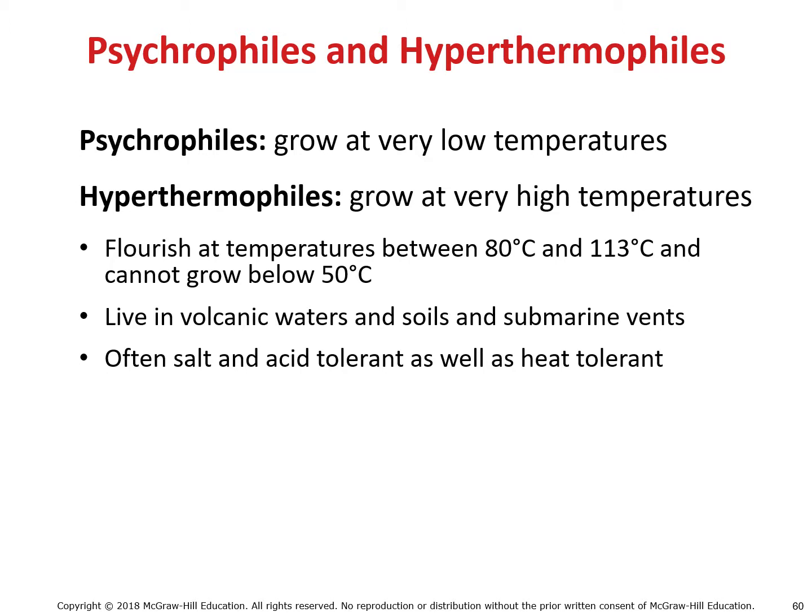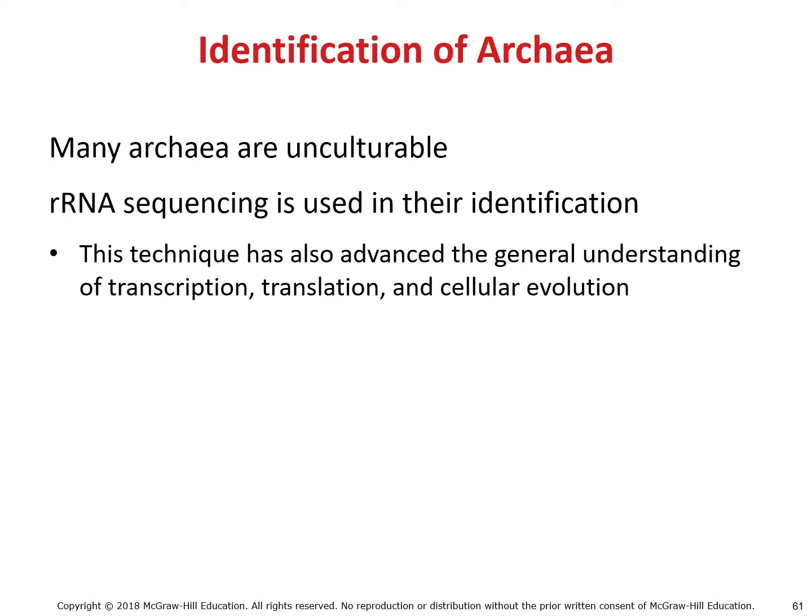Hyperthermophiles, as you can imagine, thermo is for heat, and hyper means much higher. So hyperthermophiles grow in high heat. They typically survive in basically around boiling conditions. So these archaea can live in very extreme environments, even in terms of extreme temperatures.